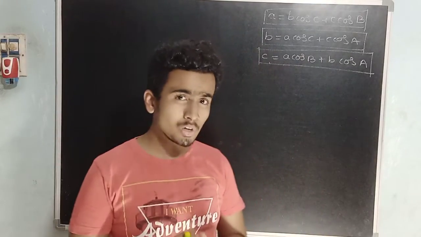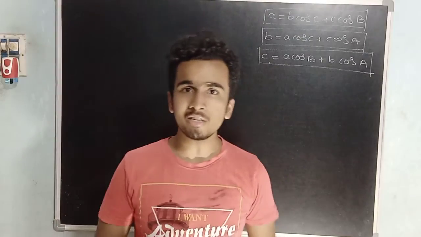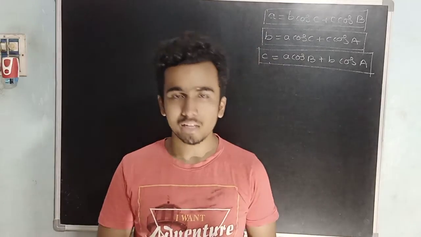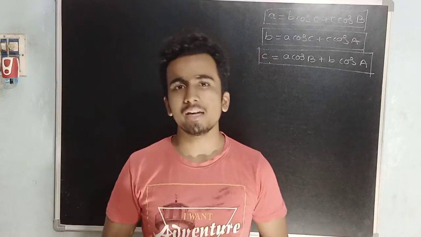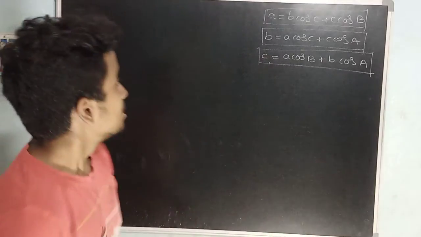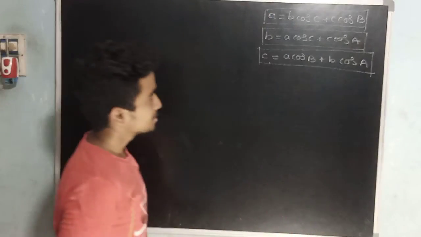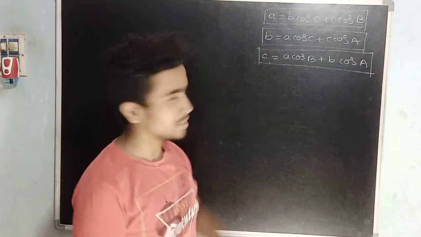I will not only cover the same derivation, but also use different logics in proving the same formula, so that your thinking ability will be enhanced like anything. So these are the three principles that you have to remember: area of triangle, sine rule, as well as these three principles.